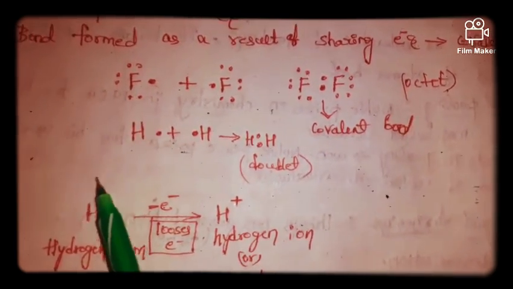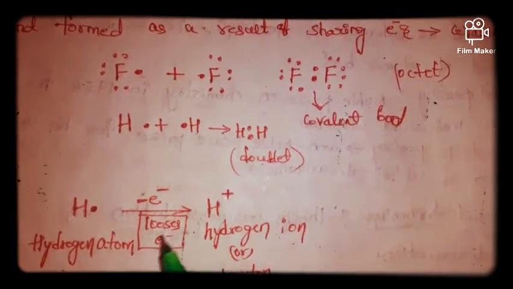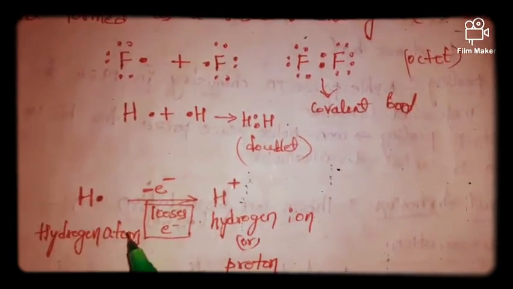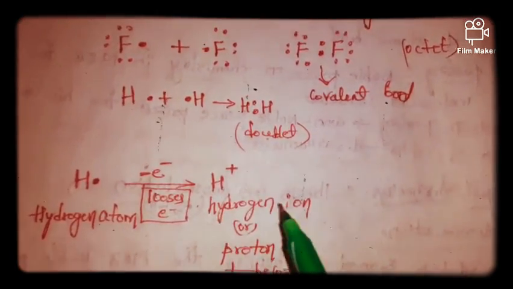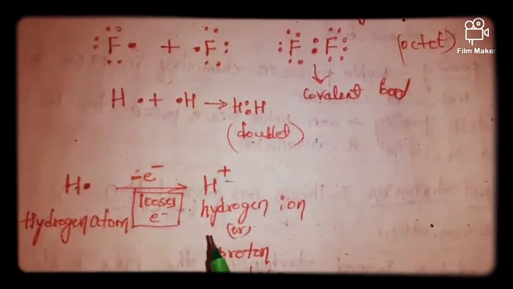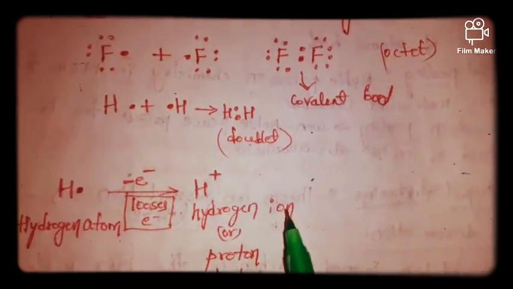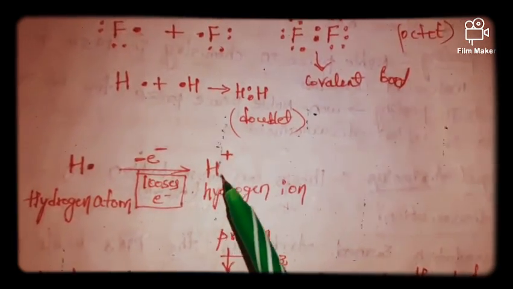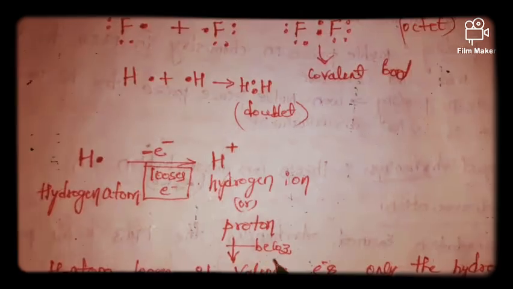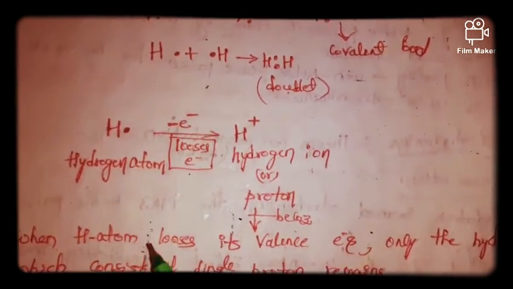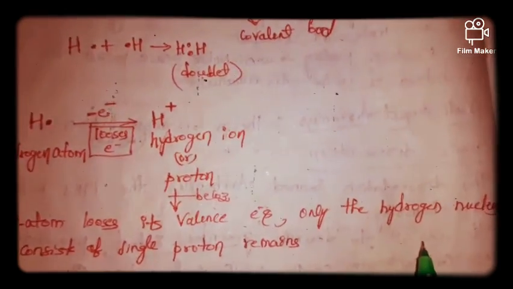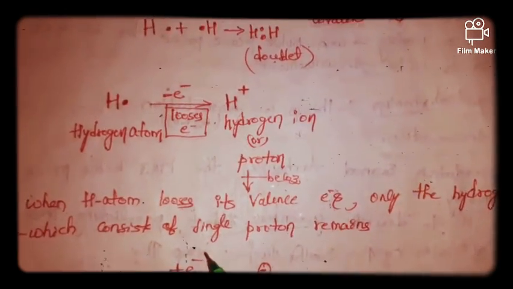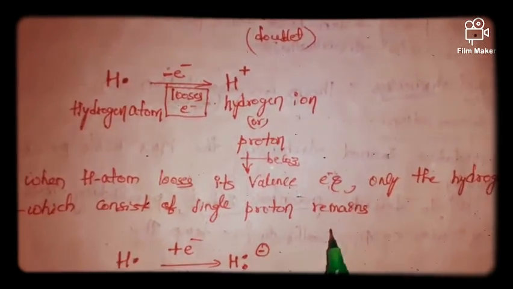Here the hydrogen atom loses the electron, so a hydrogen ion is formed. We can also call it a proton, because when a hydrogen atom loses its valency electron, only the hydrogen nucleus, which consists of a single proton, remains.